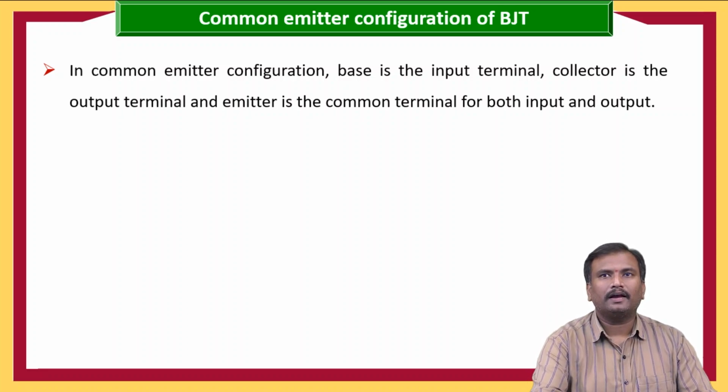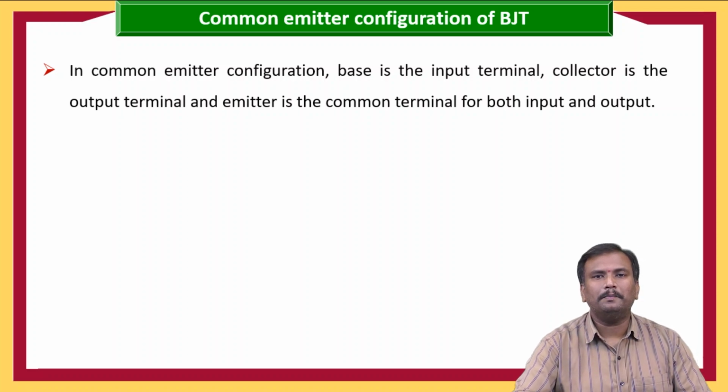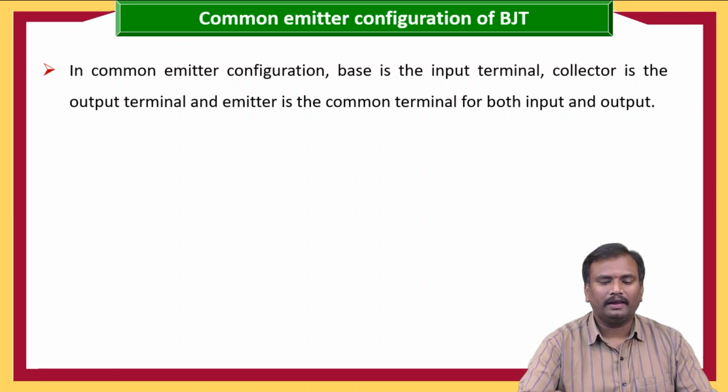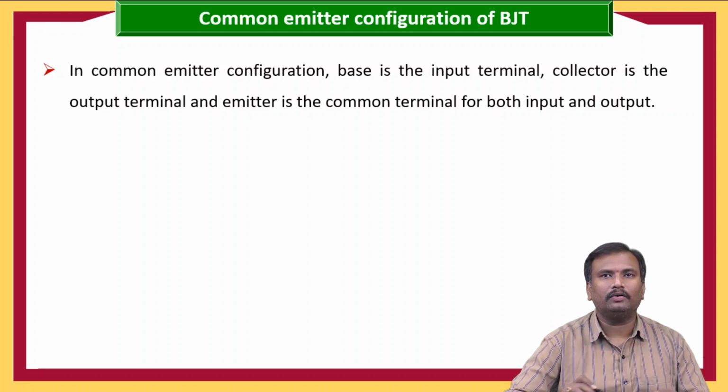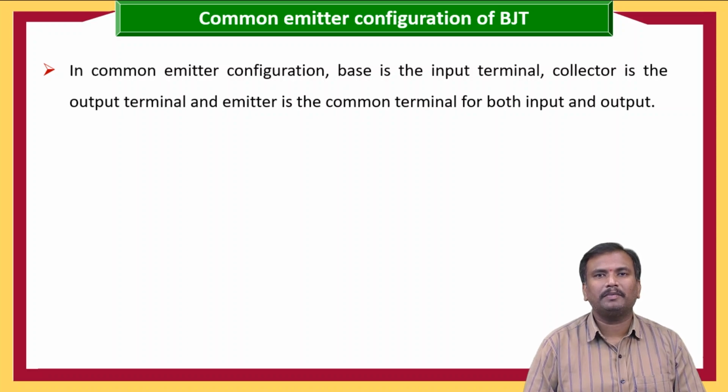Here, in the common emitter configuration, base is the input terminal and collector is the output terminal, and emitter is the common terminal for both input and output.